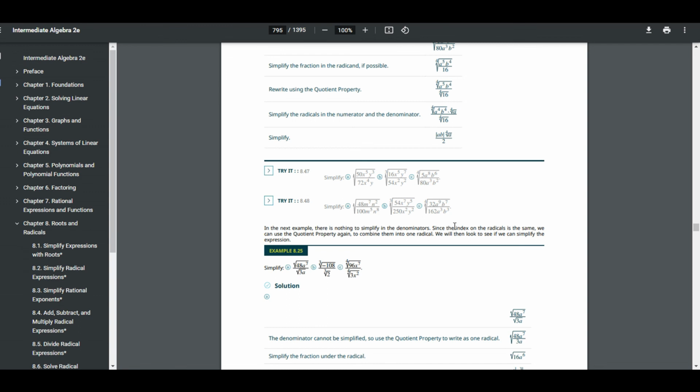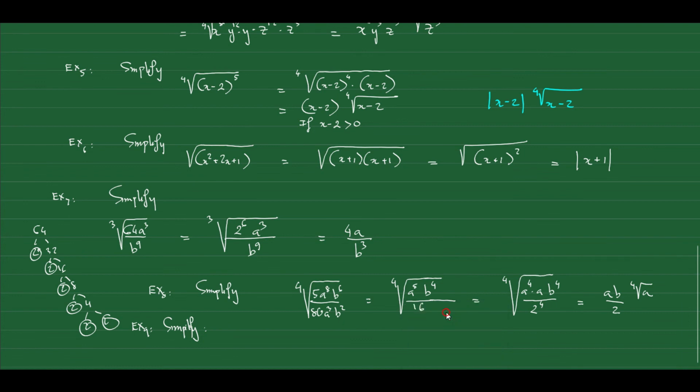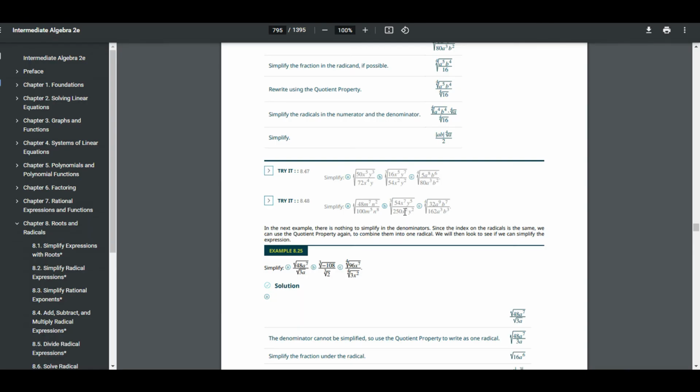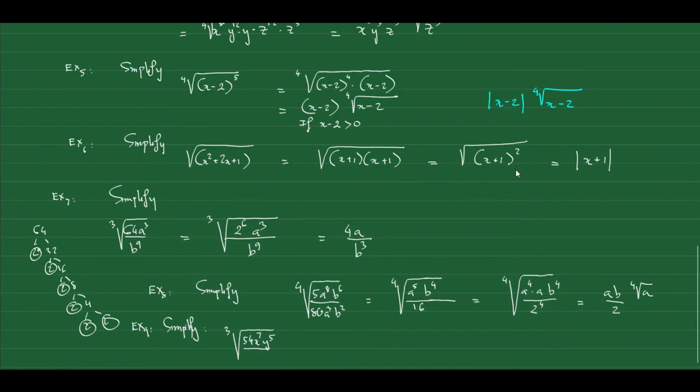The third root of 54x^7 y^5 over 250x^2 y^2. Here you go. Go ahead and try to do this problem yourself.